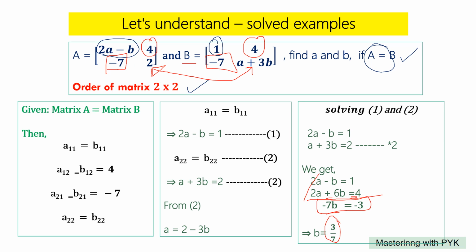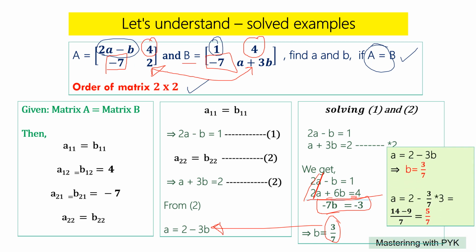Now putting this in this equation, we get a is equal to 5 by 7. So if the matrices are equal, the terms of both the matrices are equal.